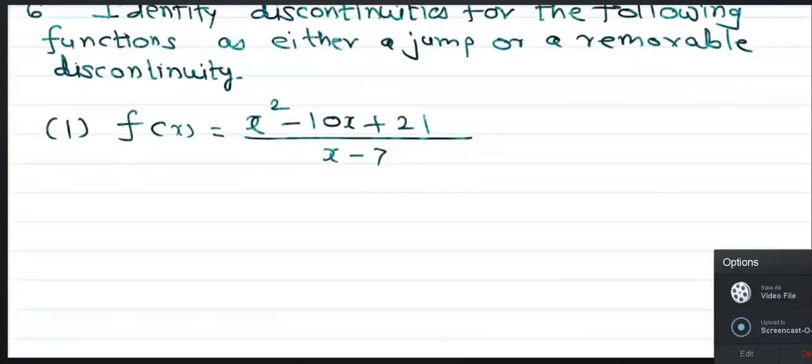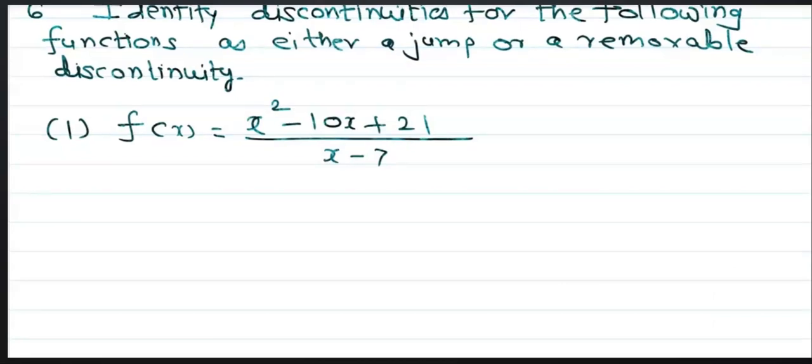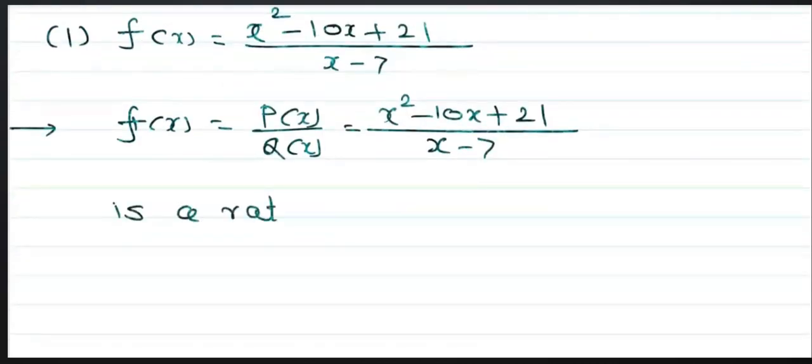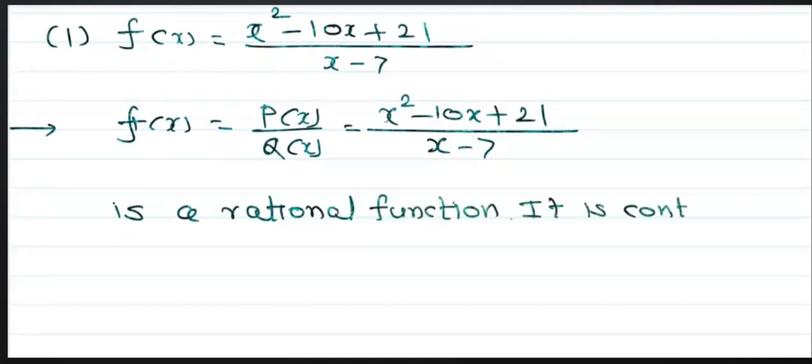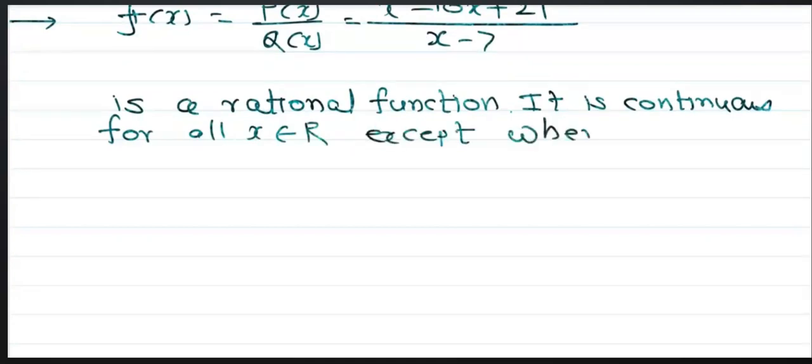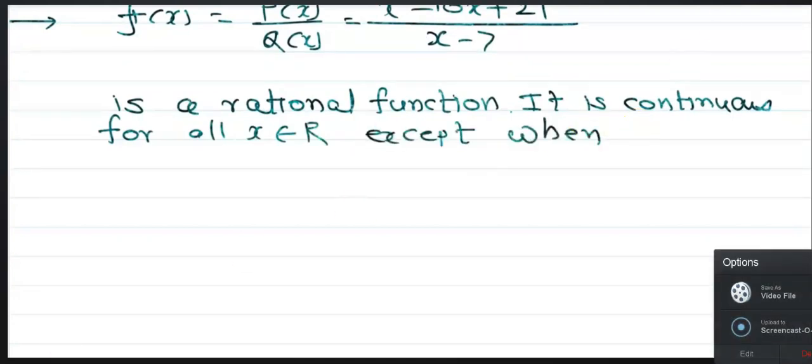f of x is equal to x square minus 10x plus 21 upon x minus 7. Now we'll see here. This is a rational function, that is p of x upon q of x. It is continuous for all x belonging to the set of real numbers except x equals 7.